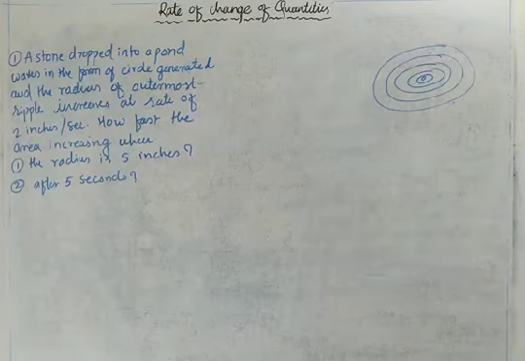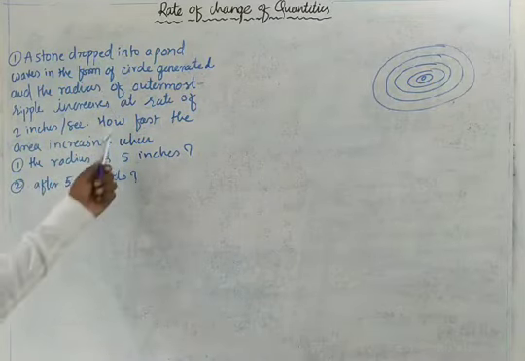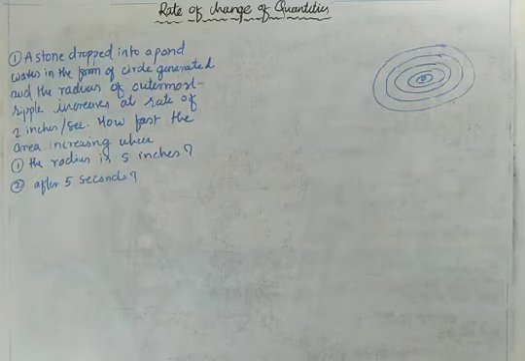So it is a simple daily life example: a stone is dropped into a pond, waves in the form of circles are generated, and the radius of the outermost ripple increases at the rate of 2 inches per second. How fast is the area increasing when the radius is 5 inches, that is, after time 5 seconds?